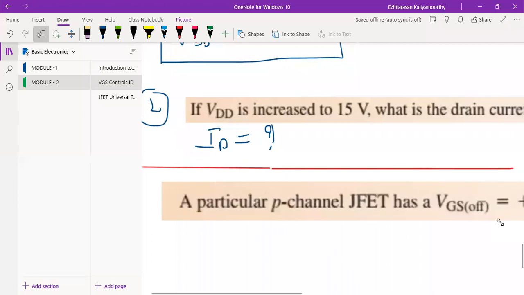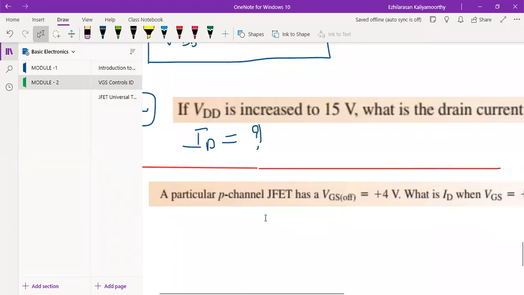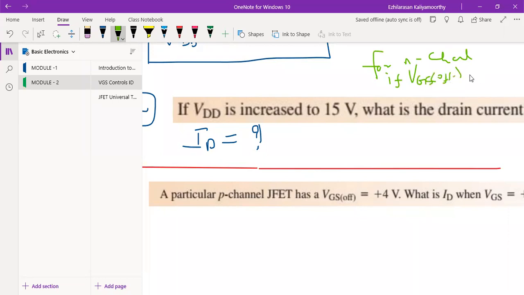So what is the question they given? They given us the P channel JFET. You remember always one thing I said for the N channel, if the VGS(off) is positive, then VP is negative.